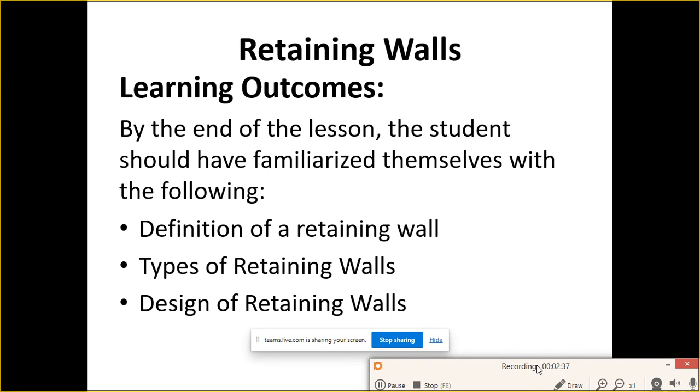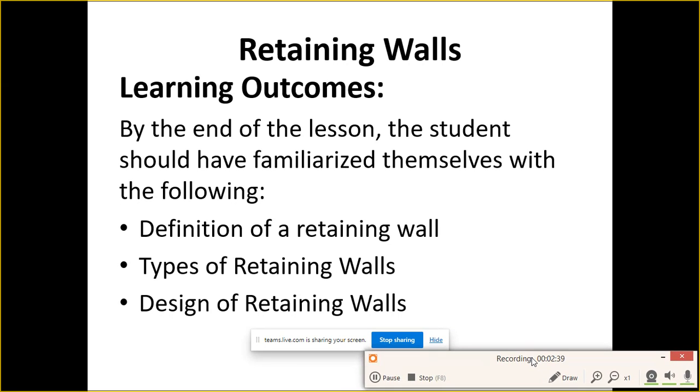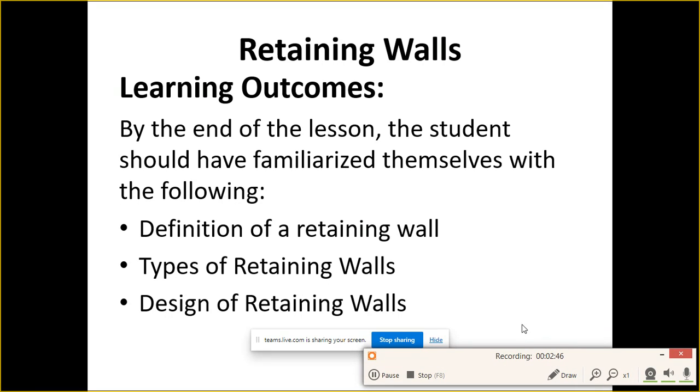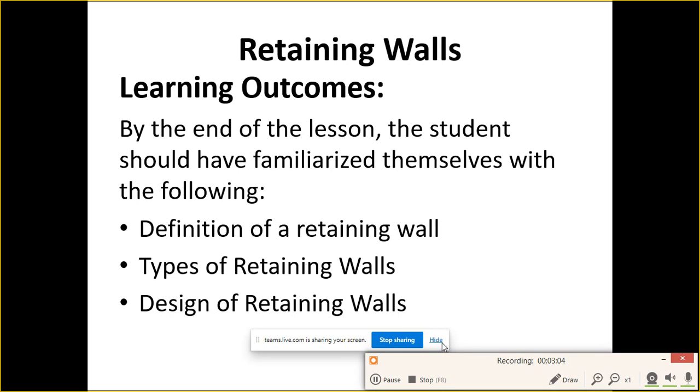By the end of this short lesson, you'll get familiarized with the definition of a retaining wall, the types of retaining walls, and lastly, we shall briefly look at the design of retaining walls. Are we together?